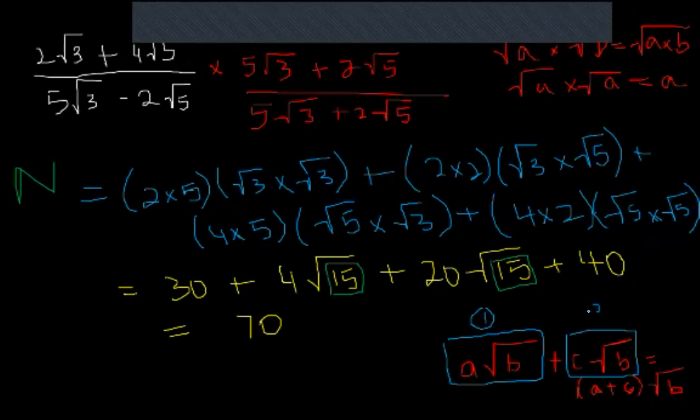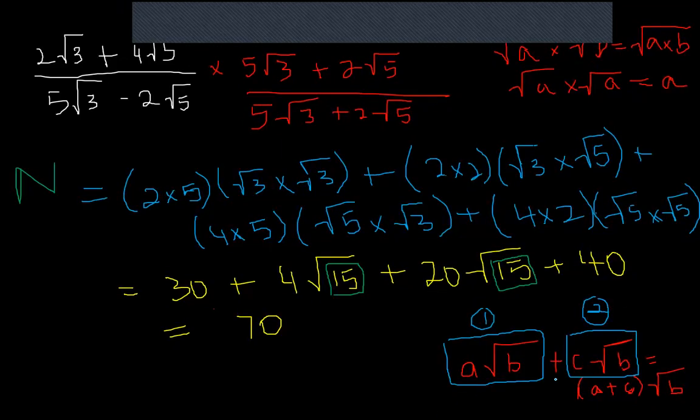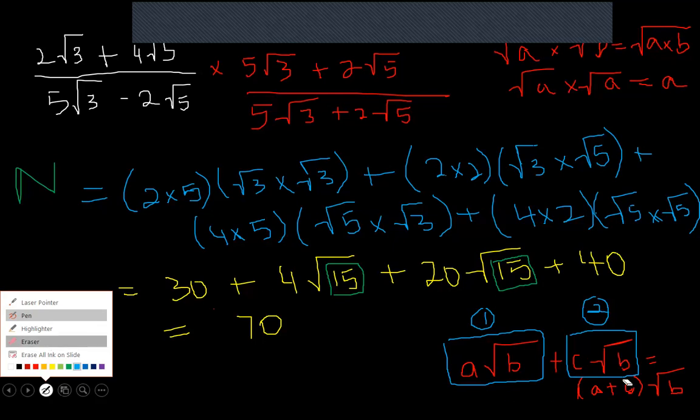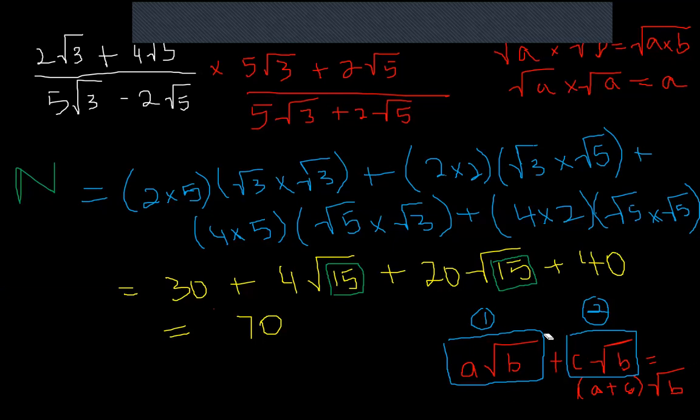If we wanted to factorize this, we could say, okay, both terms, A root B and C root B, have root B in common. So I could take out that root B. So that's why it's here. And what I remain with is A plus C. So just regular factorization. That's how they came about with this formula here. Remember we did that last class, yeah? That was just a recap.